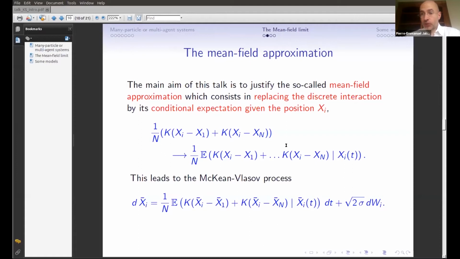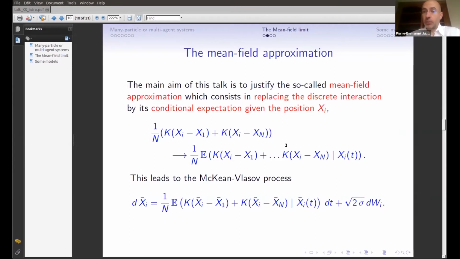The difference, of course, as you see when I write it like that, is just that I have this expectation that is taken before all the interactions. And it's a conditional expectation, knowing the position of the particle whose trajectory I'm trying to calculate.